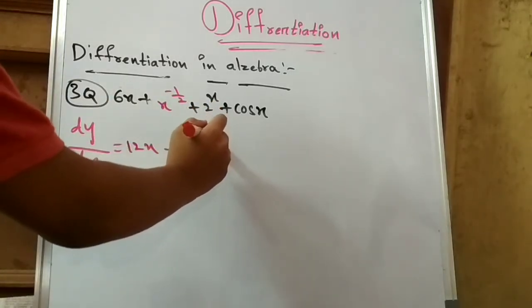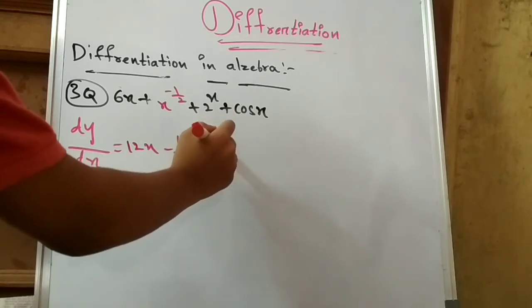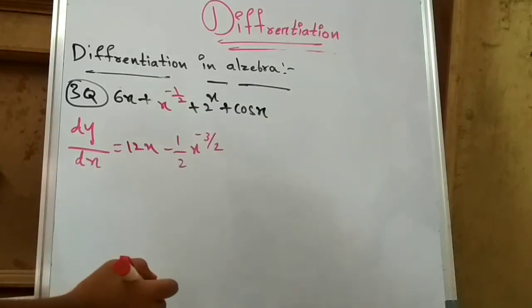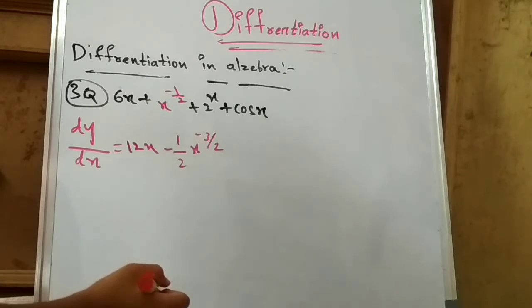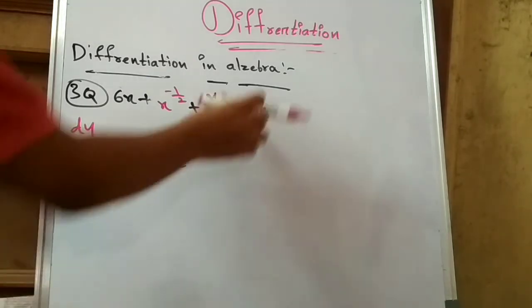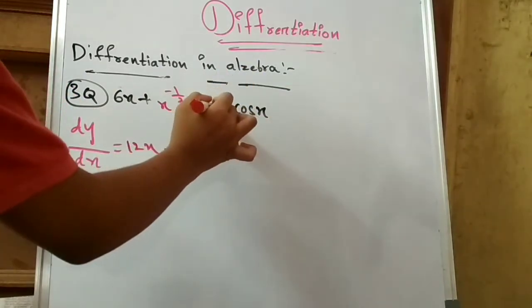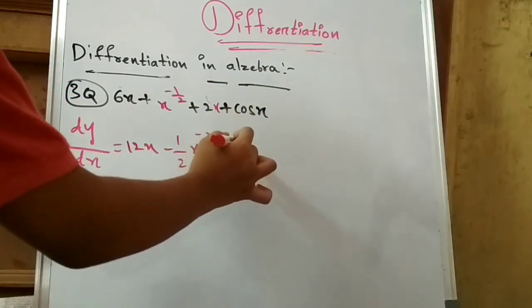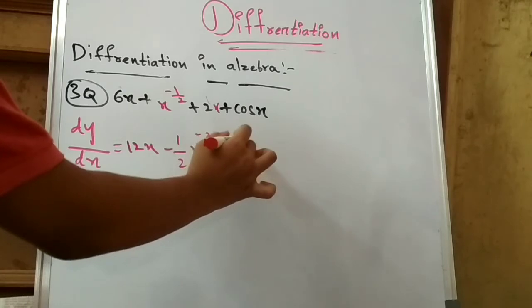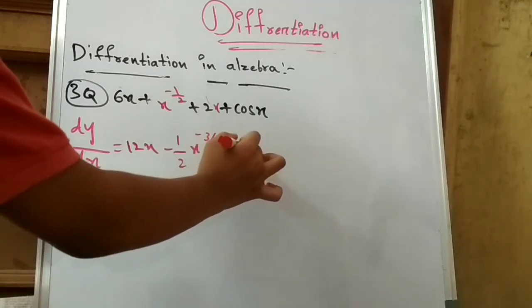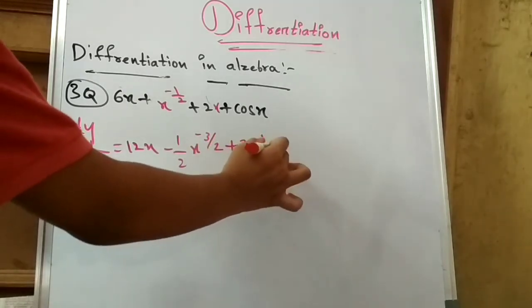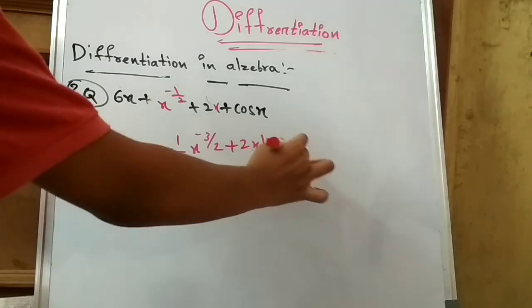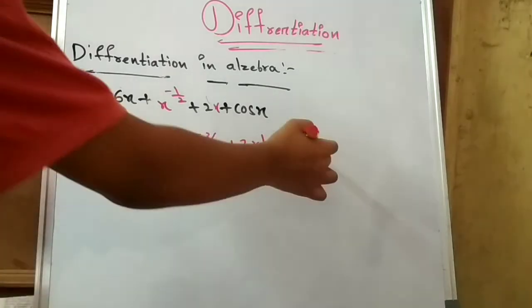Minus 3 by 2. Now plus 2 to the power of x will be 2x log x. This is 2x. I'm so sorry. This is 2x. So that will be 2x log x. And cos x is minus sin x.